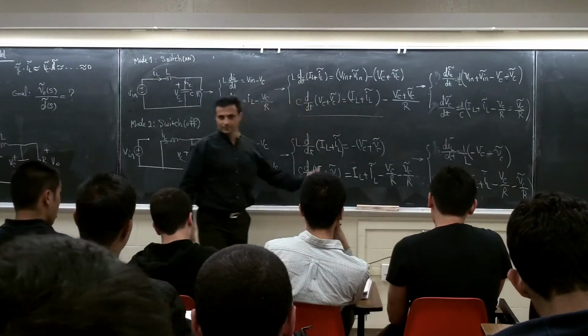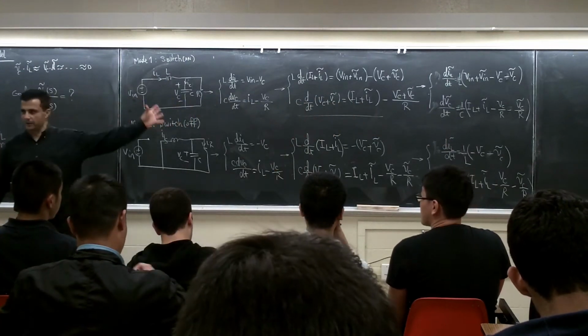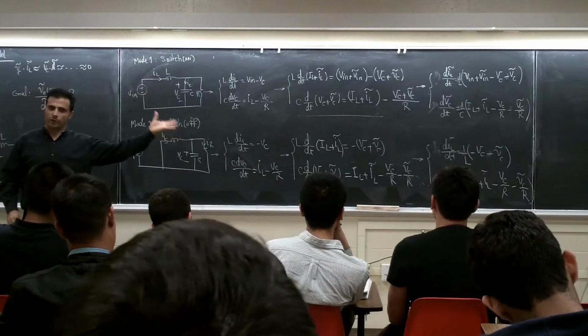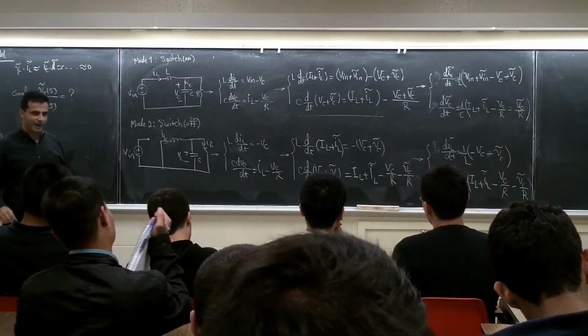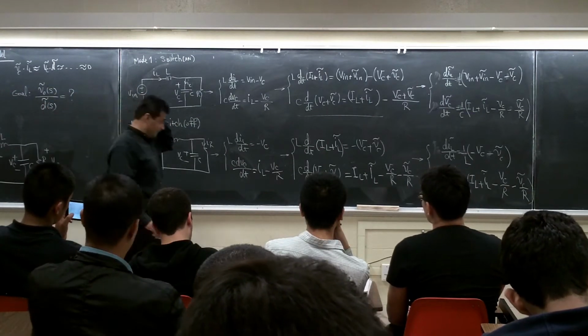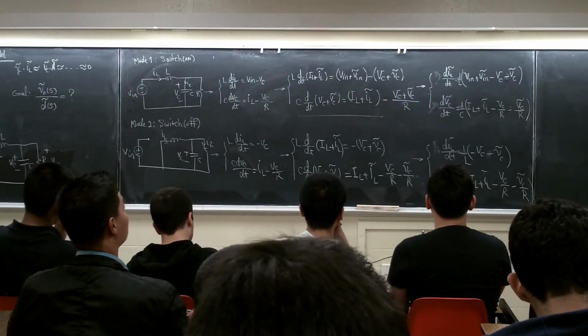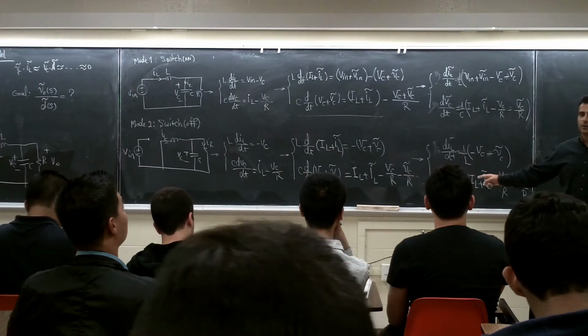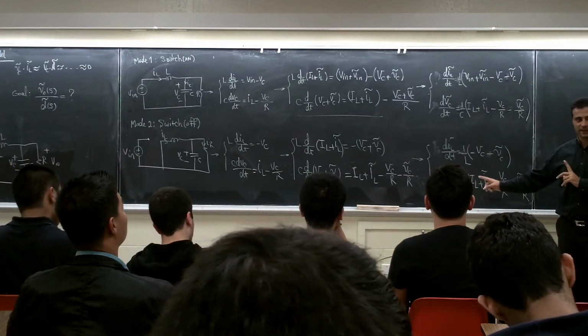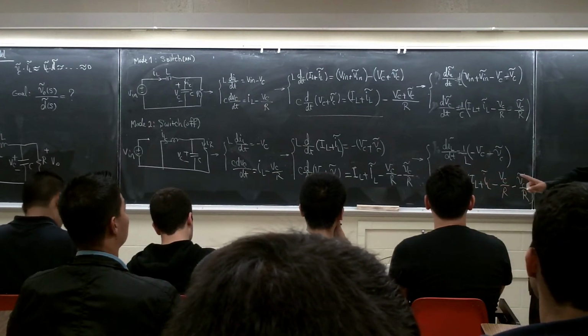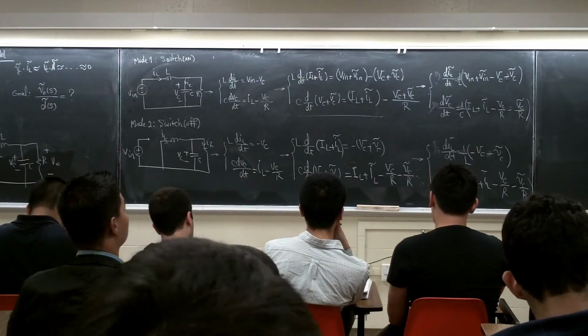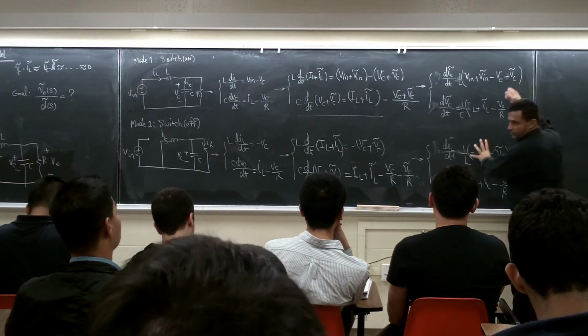The same equation, I just want to find dIL over dt and dVc over dt. That's my intention. Now, this equation is valid for D times, and this equation is valid for 1 minus D times, right? So if I want to find the general equation, I should average out these equations.